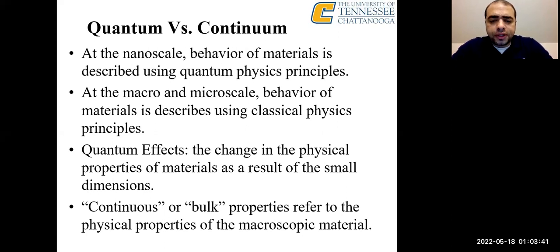The quantum effects change the physical properties of materials as a result of the small dimensions, for example, the melting point. The melting point of colloidal silver, for example, is different than for bulk silver. Continuous or bulk properties refer to the physical properties of the macroscopic material. So when you say bulk, that means we're talking about the macroscopic material itself.